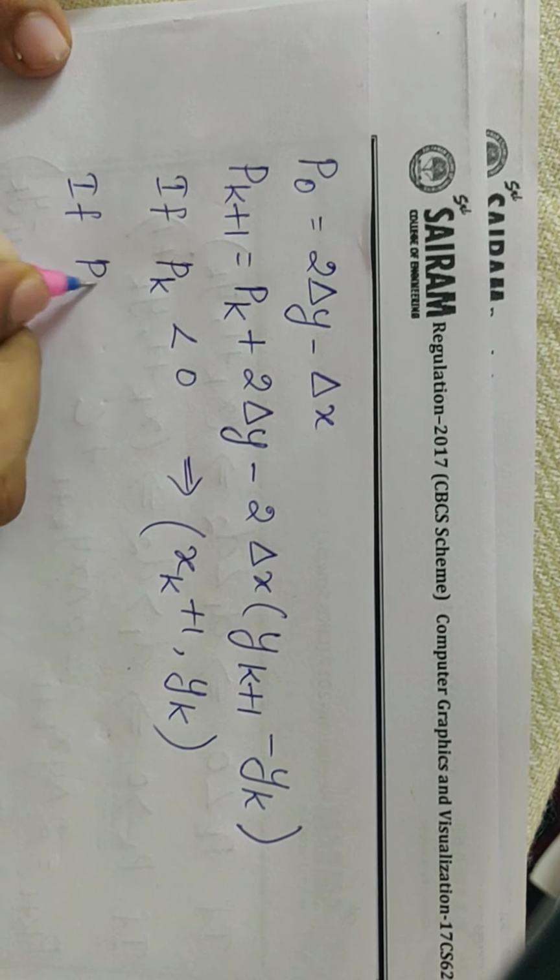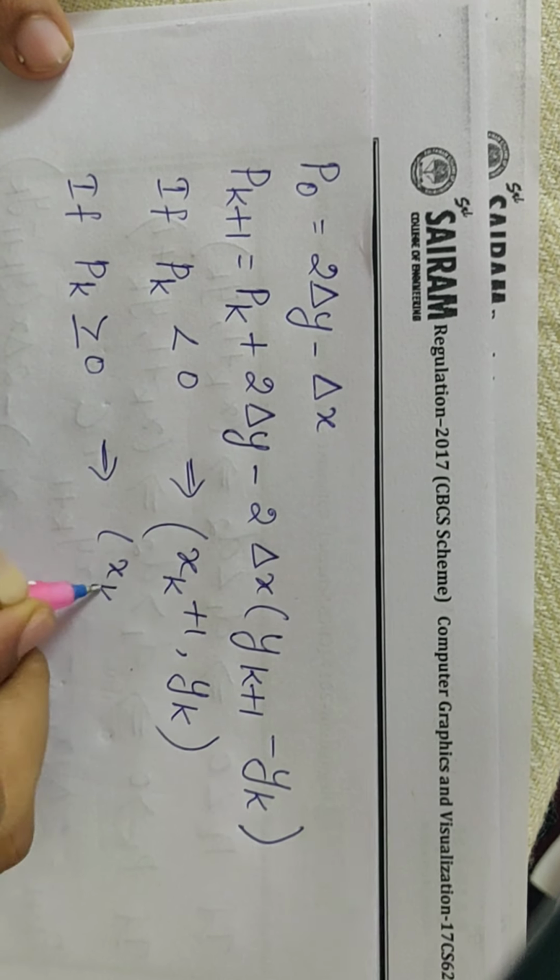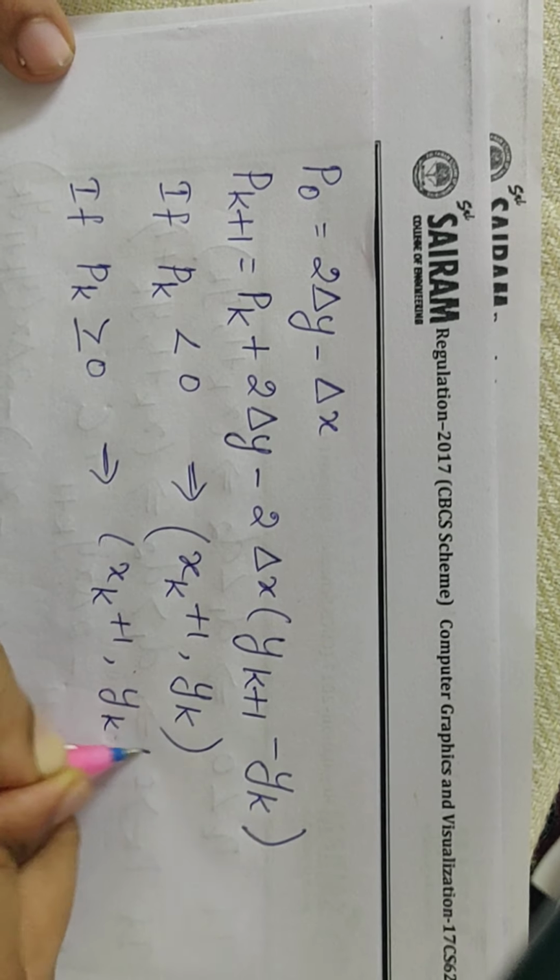If pk is greater than or equal to 0, it will be xk plus 1 comma yk plus 1.